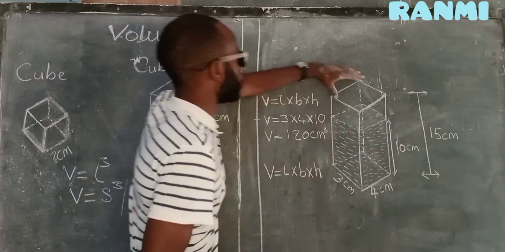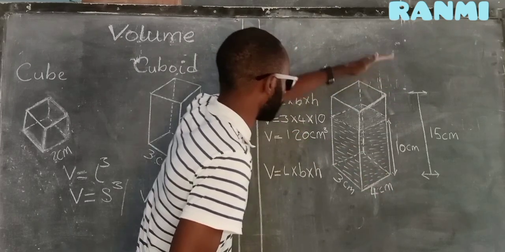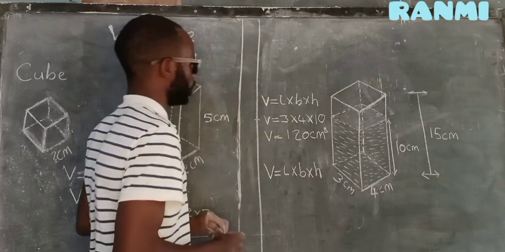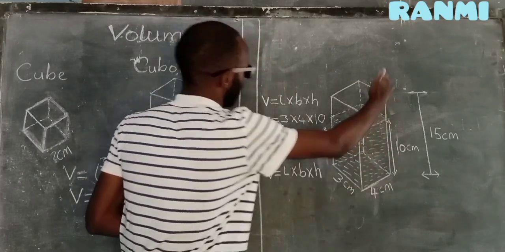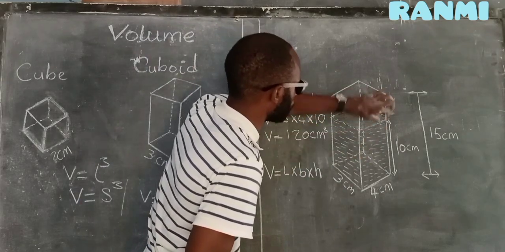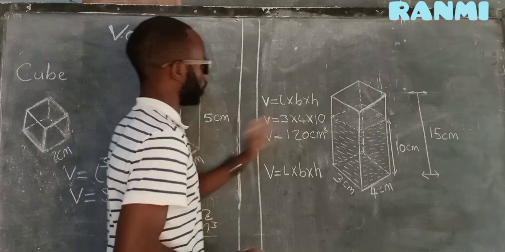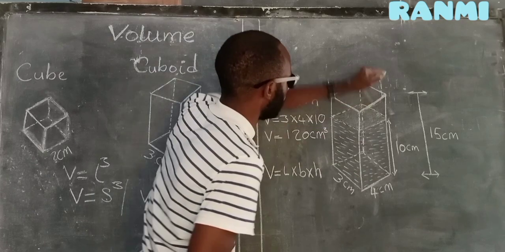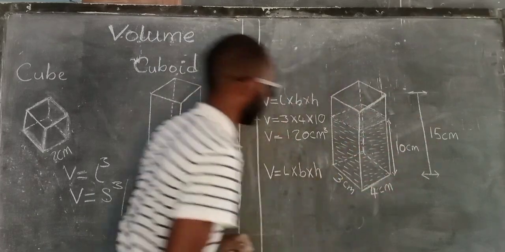Because now we are trying to calculate the volume of the cuboid container and not the volume of the liquid inside. So to calculate anything, we have to consider the height. So calculating the volume of the liquid, we are supposed to use the height of 10 centimeters just as we did in our calculations here. Then if you're asked to calculate the volume of the whole container, the height will be from here up to here, which is 15 centimeters.